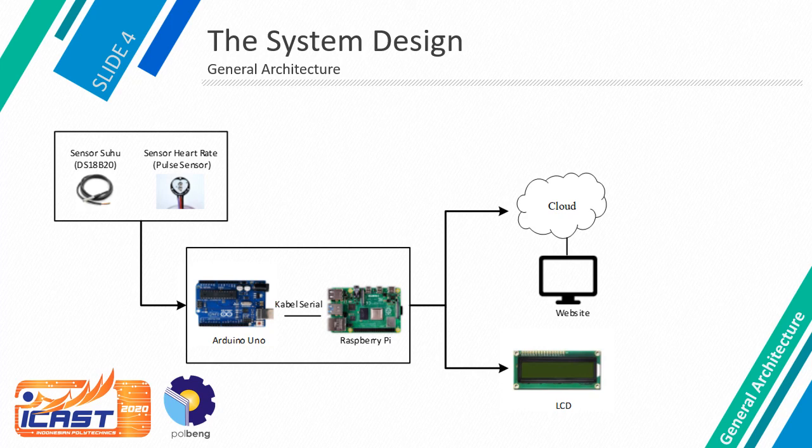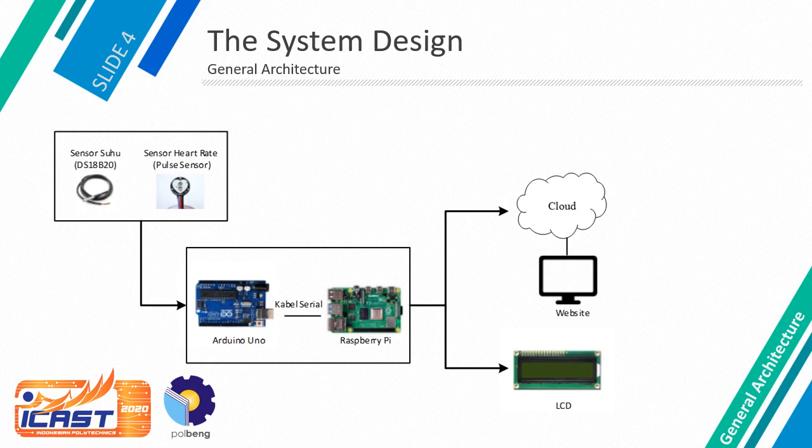After the web server is ready, we will build a database to store sensor data. Before that, we will parse the data sent from Arduino using the Python programming language. Then the sensor data is entered into the database. For the next step, we will build a website to display the value of heart rate and body temperature.